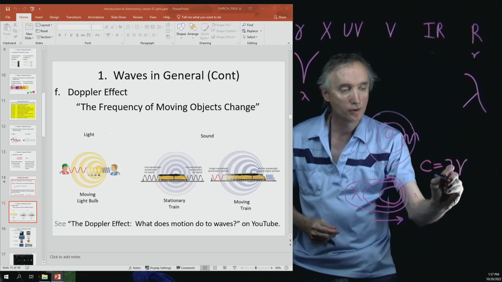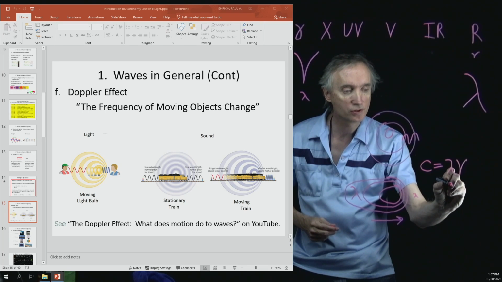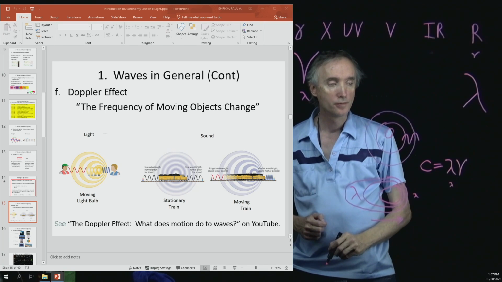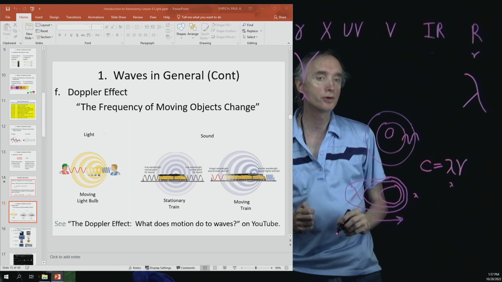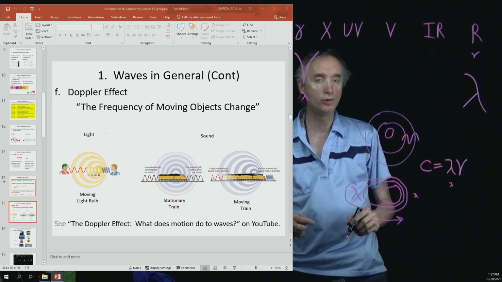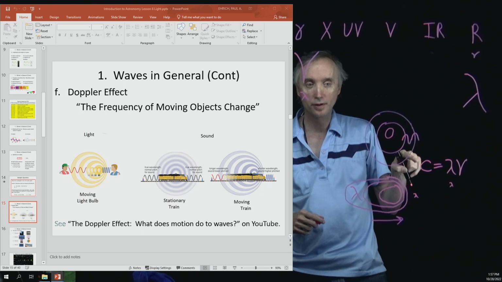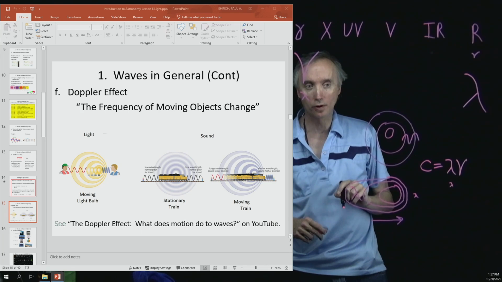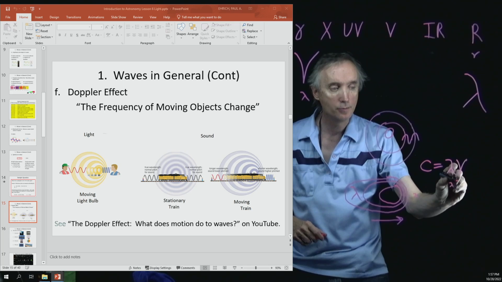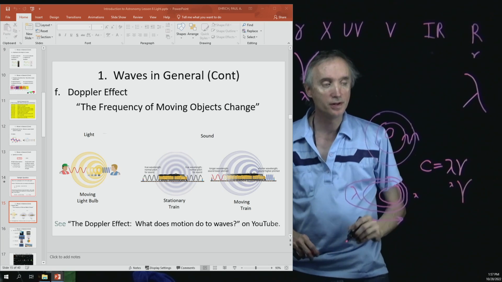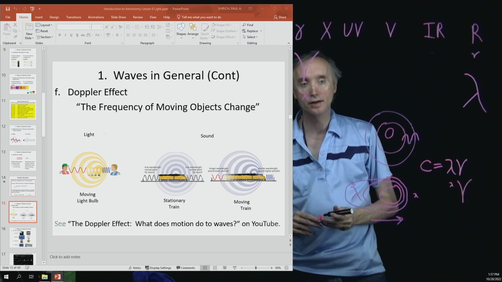So let's say that the wavelength is small. Then what does the frequency do to compensate? Well, 4 is equal to 4 times 1, but it's also equal to 1 times 4. So this number gets bigger in order to compensate.